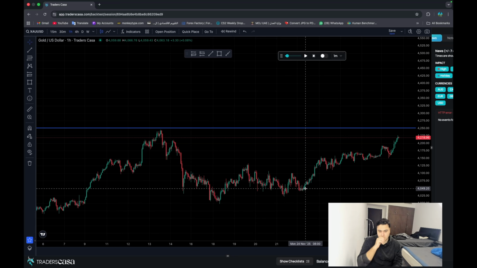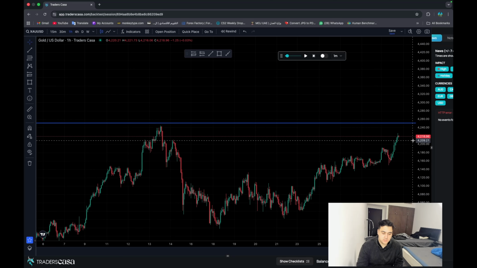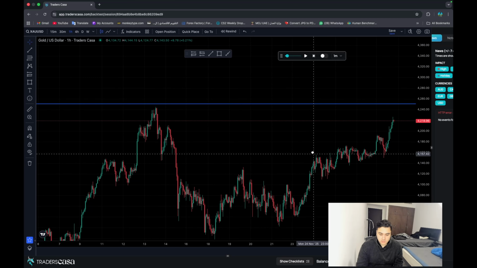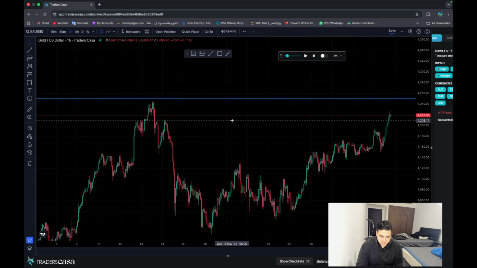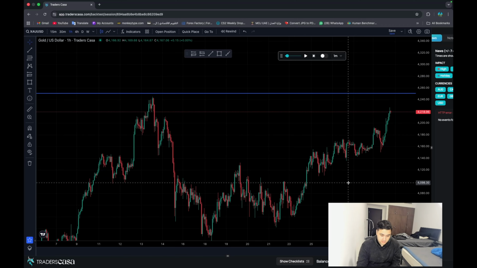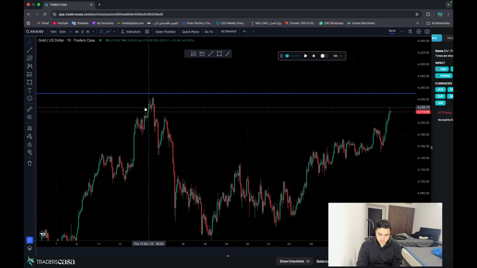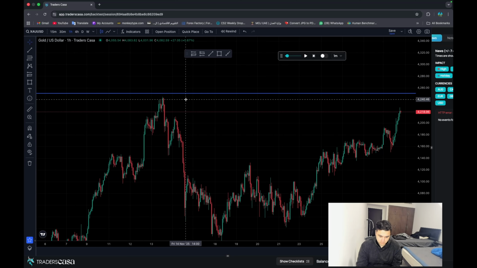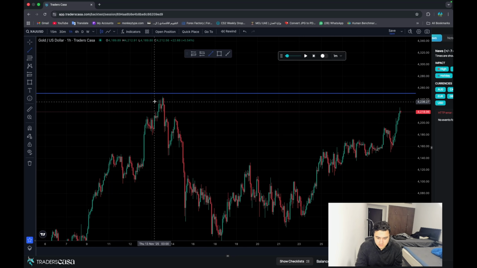The confirmation I take on the lower time frames, like 30 or 15 minutes. So on 1 hour, we see the market is going up here, keep going up. We do have entries here, but for myself, this is too risky.